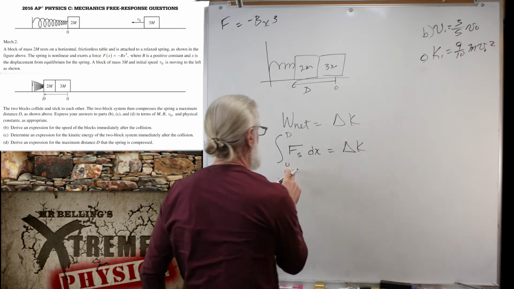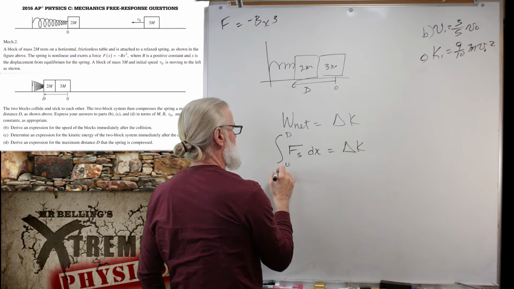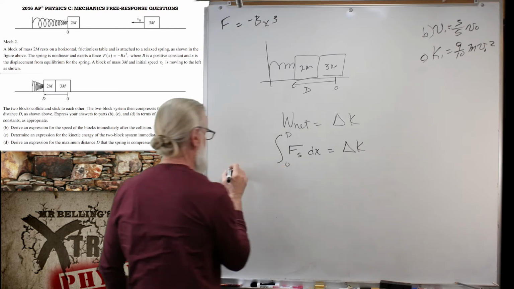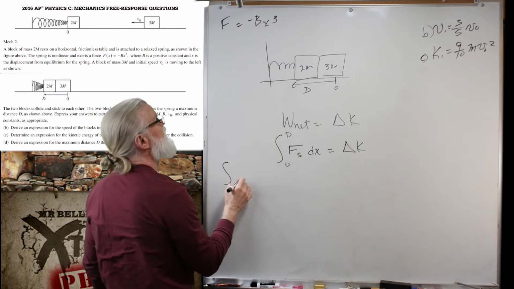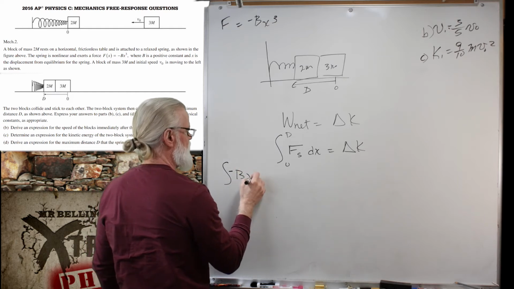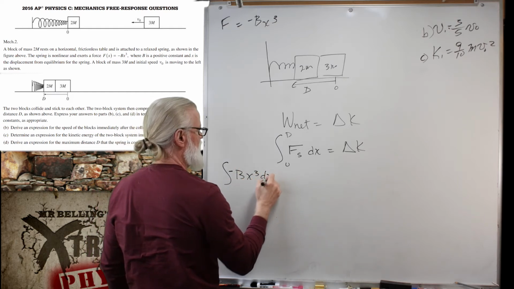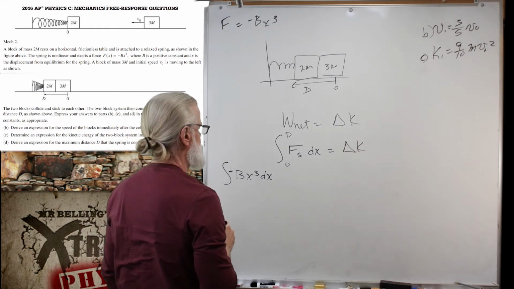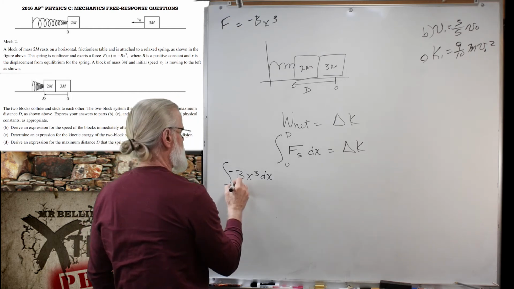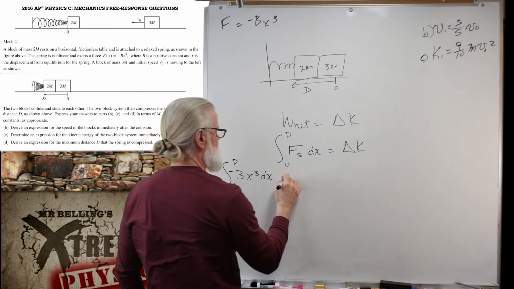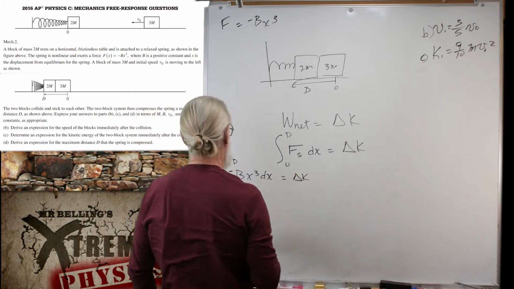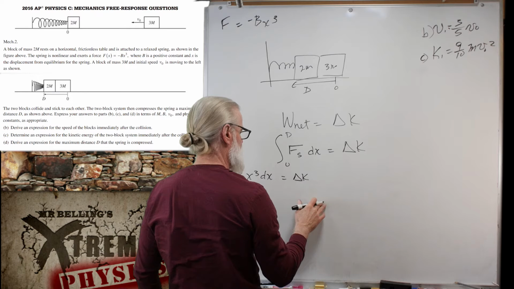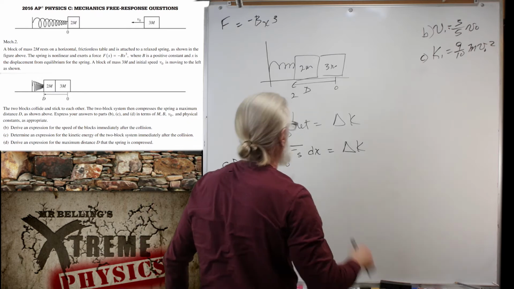Yeah, we're calculating d. All right, I'm going to start over here because I may need room. So we've got the integral of b x cubed dx as x goes from 0 to d equals delta K.